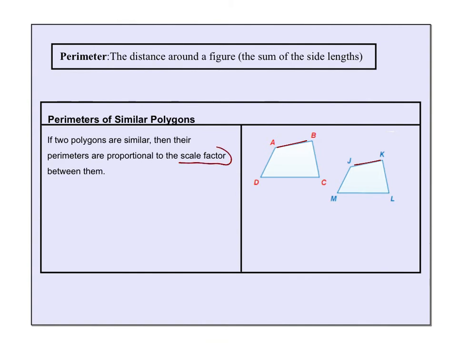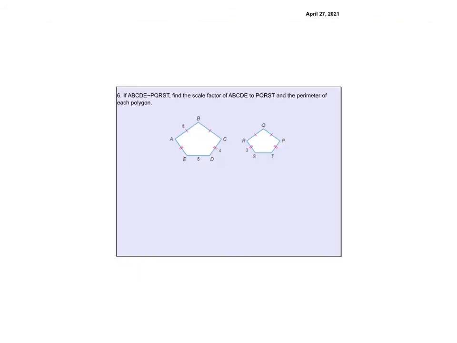Now I'm taking it one step further and saying my perimeters are going to follow that same scale factor that the sides followed. So the sum of the sides is going to follow the same scale factor that all the individual sides match up to.